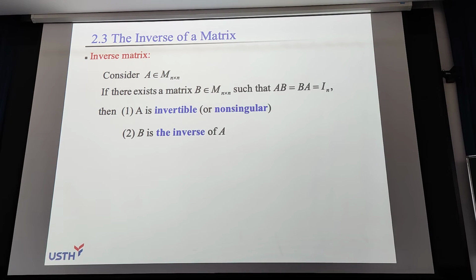If we can find a square matrix B of the same order, so that A multiplied by B equals B multiplied by A equals the identity, then in that case we say A is invertible or non-singular. And in that case we continue, we say B is an inverse of A.